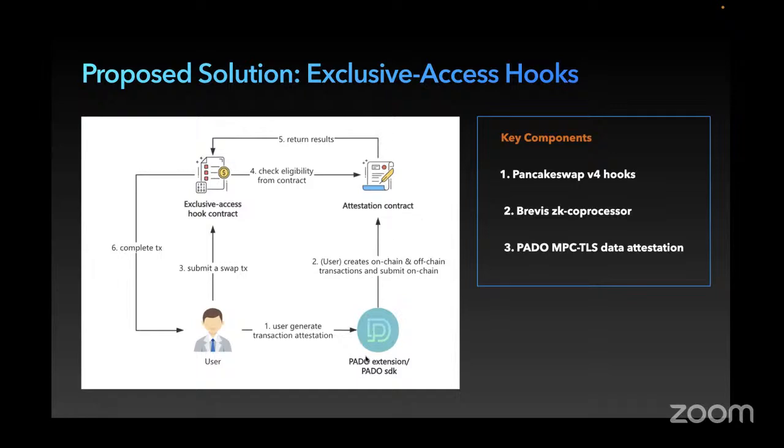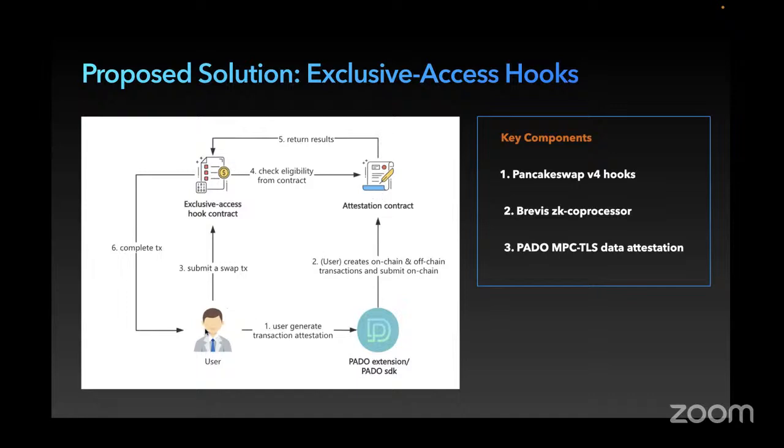We are already using the Pado SDK, and with the Pado extension, the user can operate on that extension and create a user attestation, and simply submit this attestation to the attestation contract.